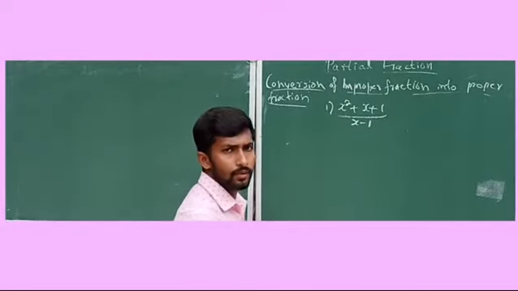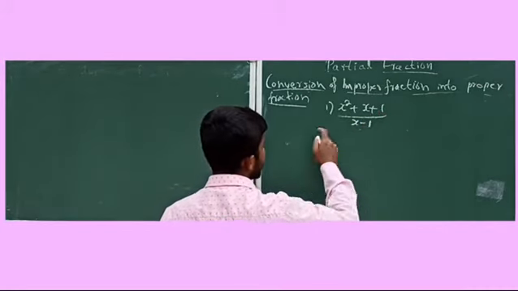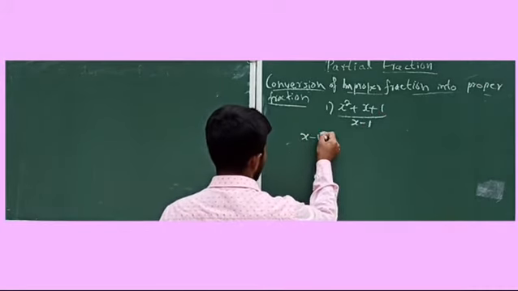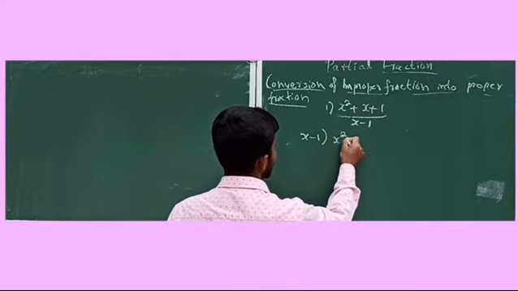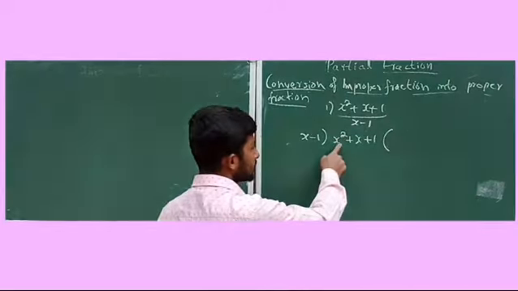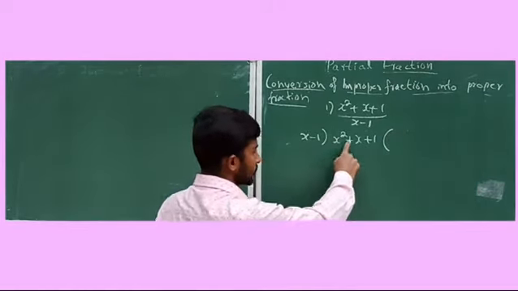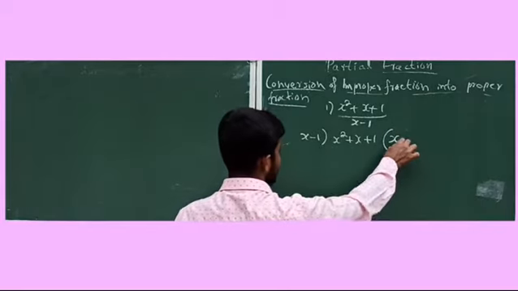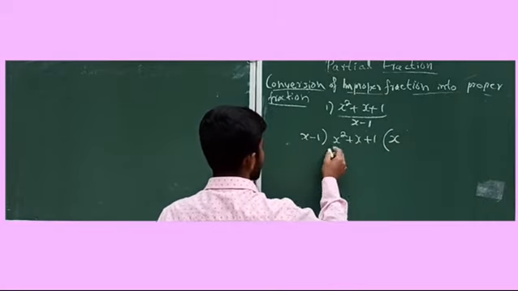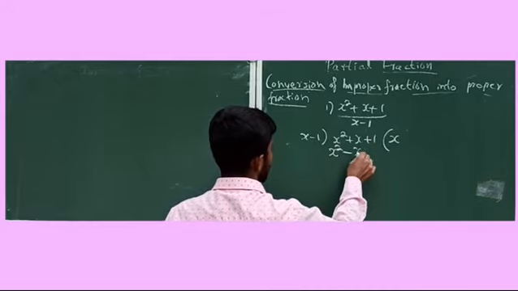To convert this into proper fraction, divide x square plus x plus 1 by x minus 1. X minus 1, you are dividing x square plus x plus 1. Okay. Here see the term x square is there. To cancel this x square, here we need to multiply x. Okay. Now see, x into x is x square, minus 1 into x is minus x.